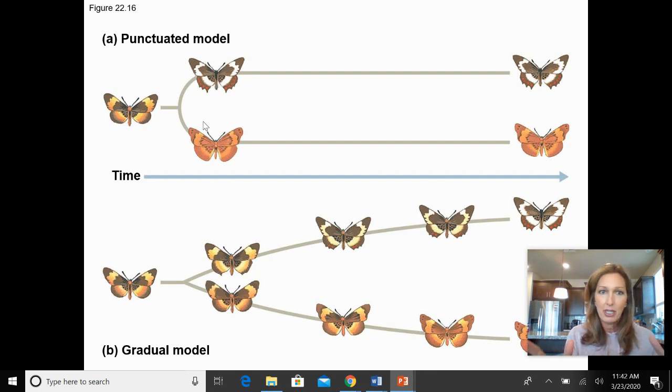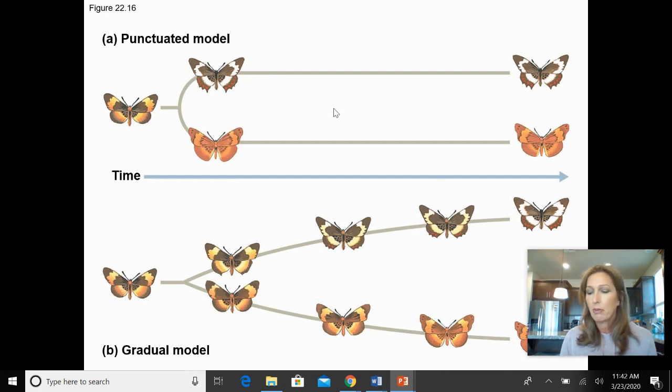And when we say rapid, we mean rapid in the geologic time sense. It wouldn't be rapid like 2 years. It would be rapid in terms of maybe several hundred years or even a couple thousand years. Then if the environment stays stable, we end up seeing stability too.